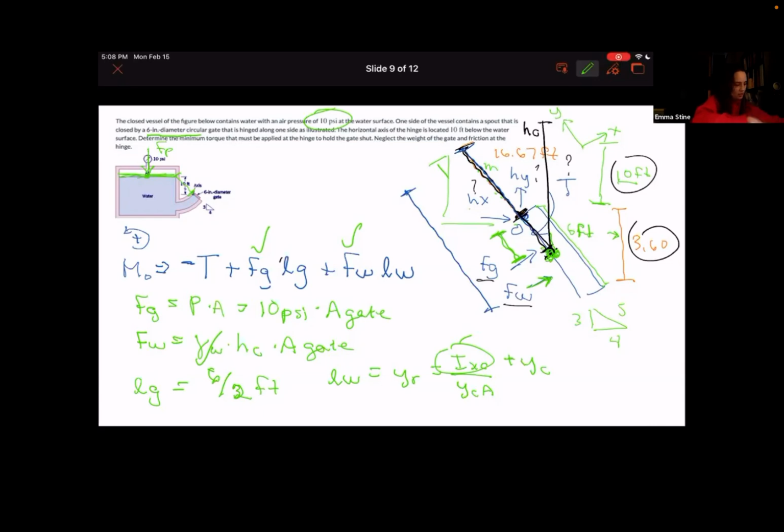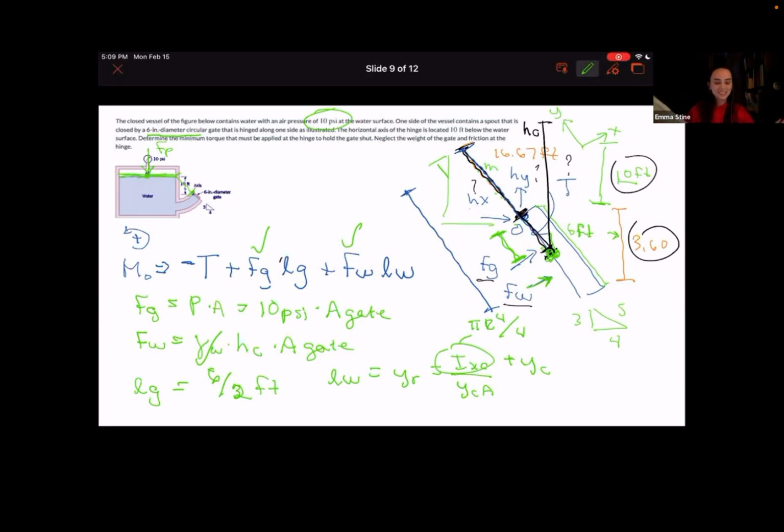Okay, so IXC is going to be on page 16, and it is pi R to the fourth divided by 4, the radius of that gate.